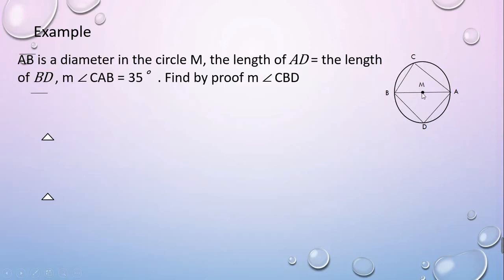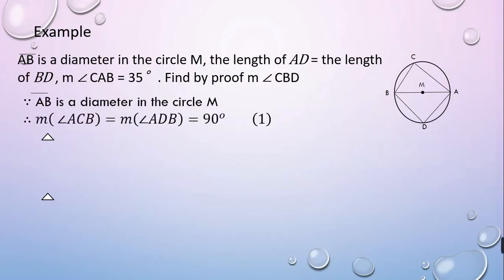First, we have a diameter and we have two inscribed angles. So measure of angle ACB equals measure of angle ADB equals 90 degrees. Since AB is a diameter in the circle M, therefore measure of the angle ACB equals measure of the angle ADB equals 90 degrees.